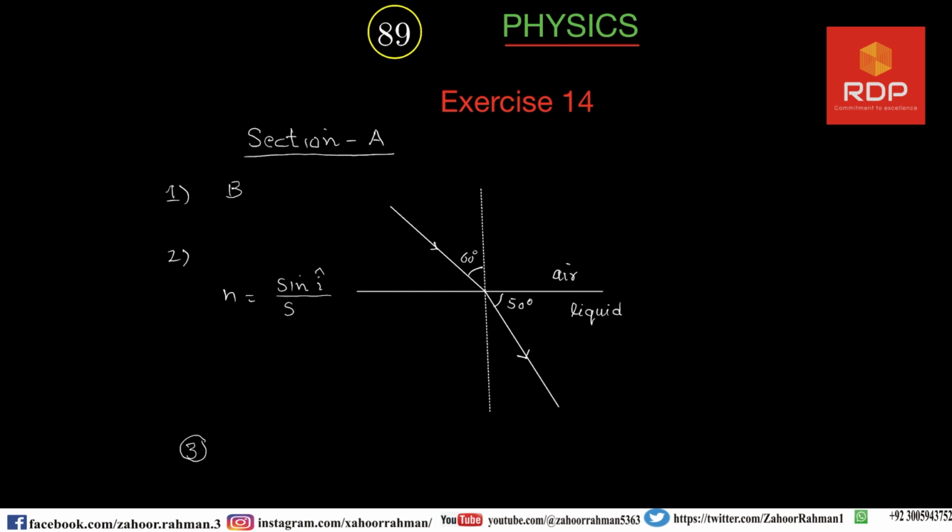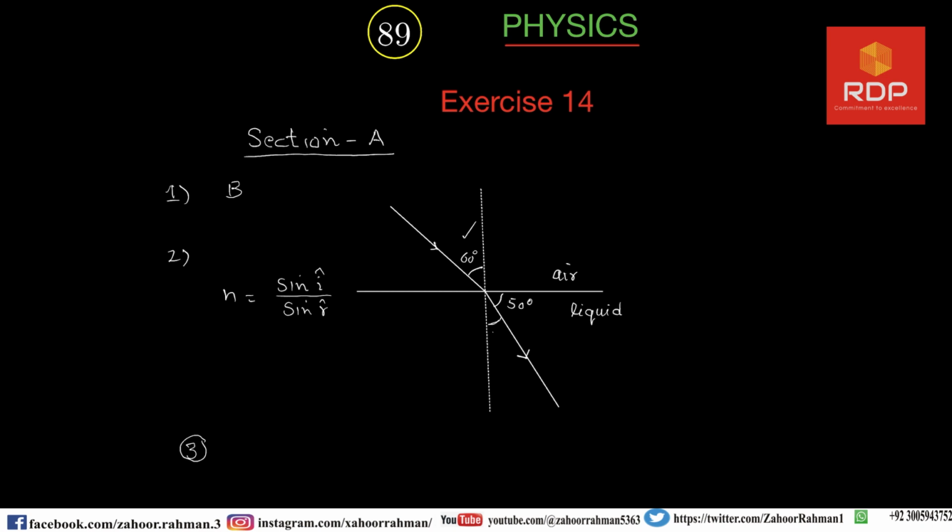divided by sine r. One thing about this question you have to keep in mind is the two angles given. One is the correct one, which is this 60 degrees, but the second is not with the normal. This angle will be the refracted angle. Always the angles we are taking are with the normal.